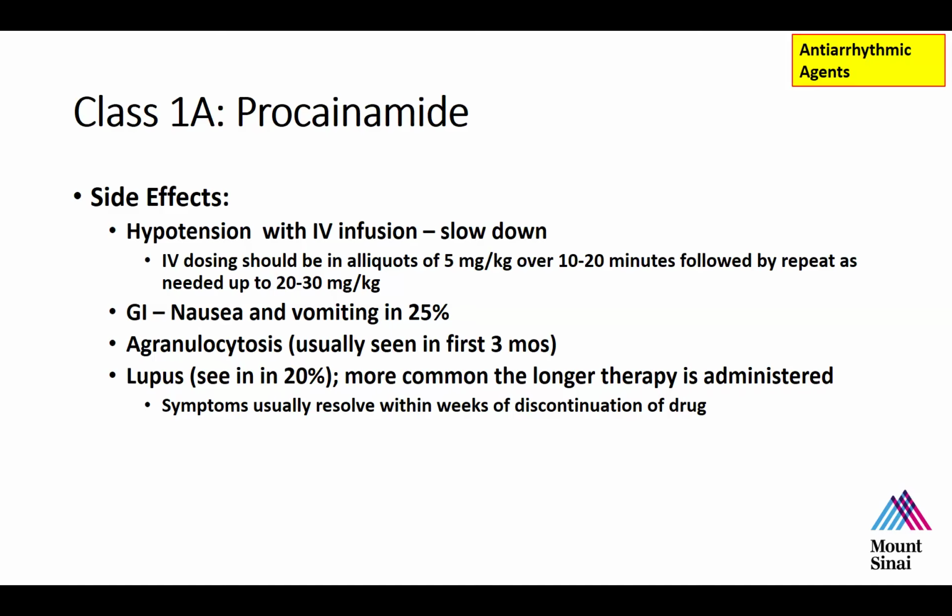One of the more common reasons that Proc was not very well loved also as a chronic agent is that it could cause a lupus-like syndrome, which is also, again, much more commonly seen if you were on it for a couple of weeks or months. You could get the malar rash and could affect your kidney function.